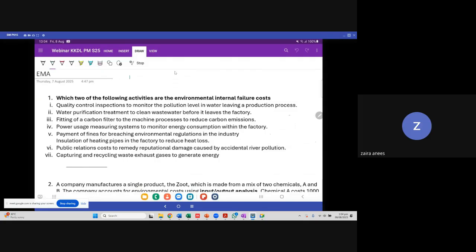So there is prevention cost. Environmental prevention cost means the cost required to prevent the losses from occurring, right? Then there is appraisal cost or detection cost.